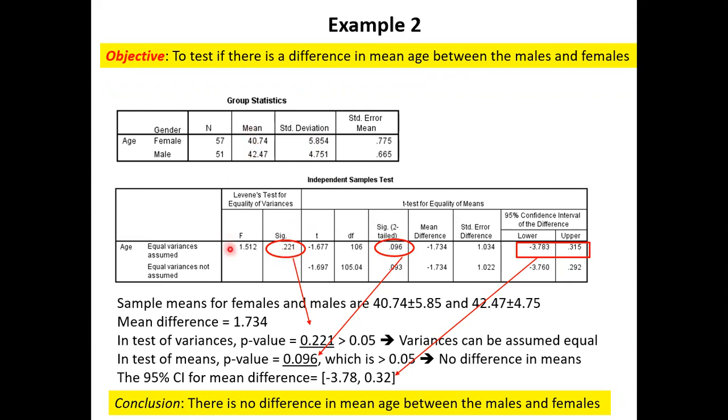First write the mean for the male and female, and the mean difference. The test of equality of variance p-value is more than 0.05, therefore variances can be assumed equal. So go to the first row. Come to the test of equality of means. What's the p-value?